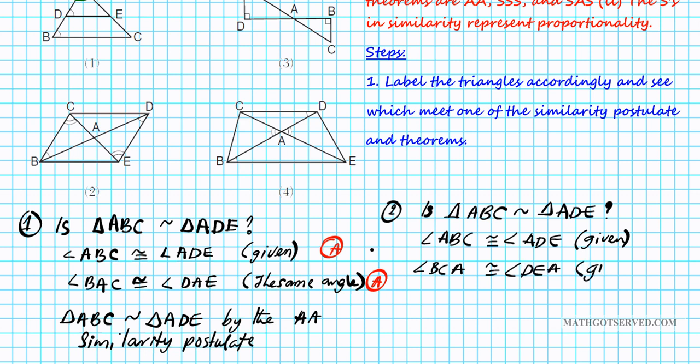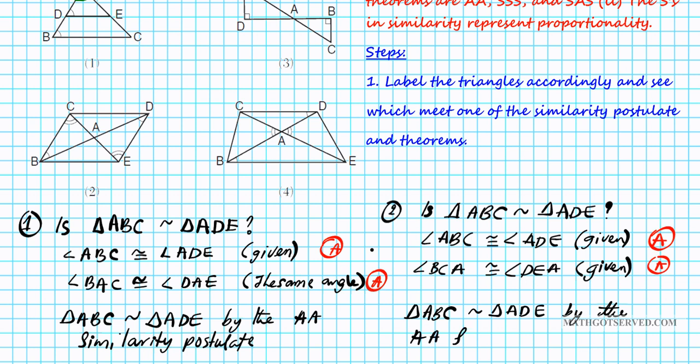All right, what do we have here? We have angle, angle. What does that tell us? The two triangles are similar. So triangle ABC is similar to triangle ADE in option number 2 by the AA similarity postulate.